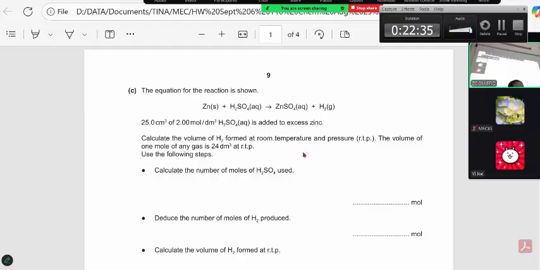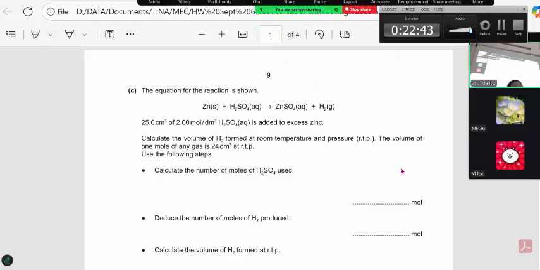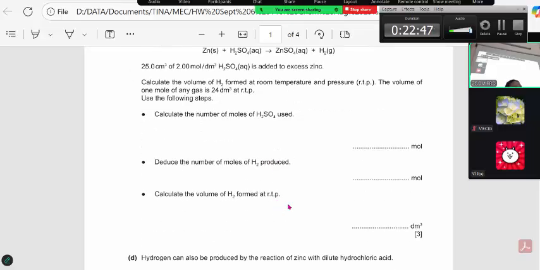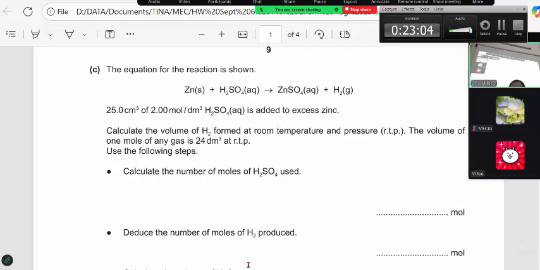Page nine, this one. Do you have this page? Discussed already, not this one yet. Ijo, did you find the page? You got it?